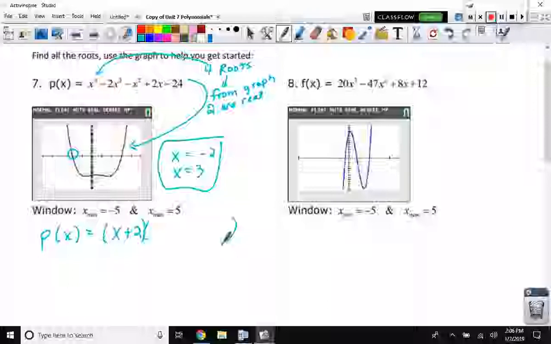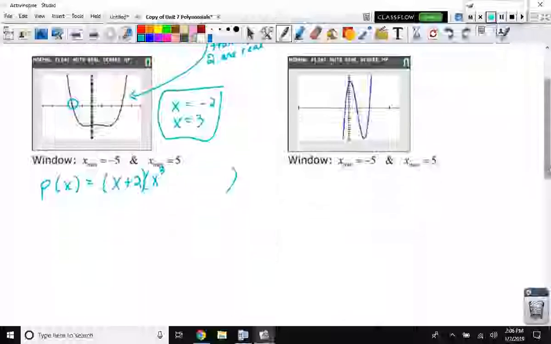X to the 3rd, blah, blah, blah, whatever it is. How do I find the blah, blah, blah that we did before break? Synthetic division, right? So what goes in the box for synthetic? What's the one in the box if that's going to be a factor? -2, that's that value right there, right?